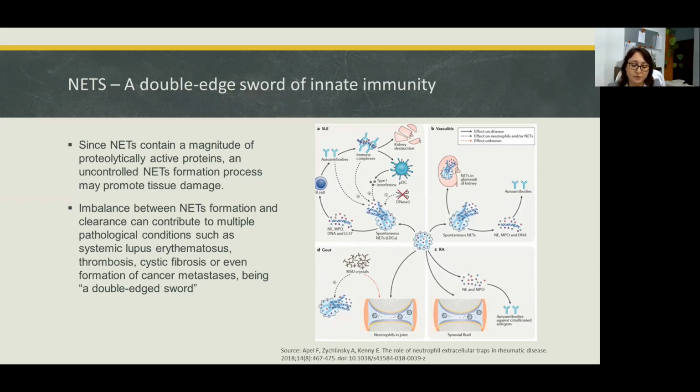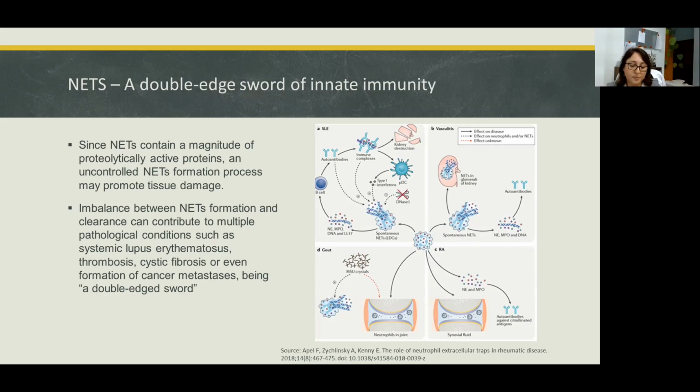Imbalance between NET formation and clearance can contribute to multiple pathological conditions such as systemic lupus erythematosus, thrombosis, cystic fibrosis, or even formation of cancer metastasis. Several of the molecules decorating the NETs, for example myeloperoxidase, double-stranded DNA, or histones, are autoantigens in systemic autoimmune diseases.